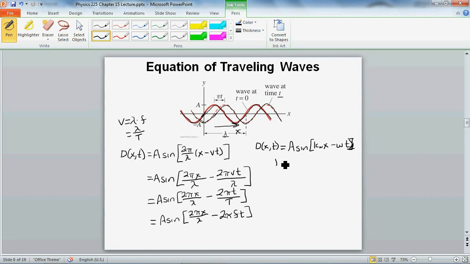Where k of the wave, and I'm always going to try to do a subscript so that you know that I'm talking about the k of the wave and not the k of the spring, is equal to 2 pi over lambda. And of course, omega is equal to 2 pi frequency, and that's also equal to 2 pi over the period.